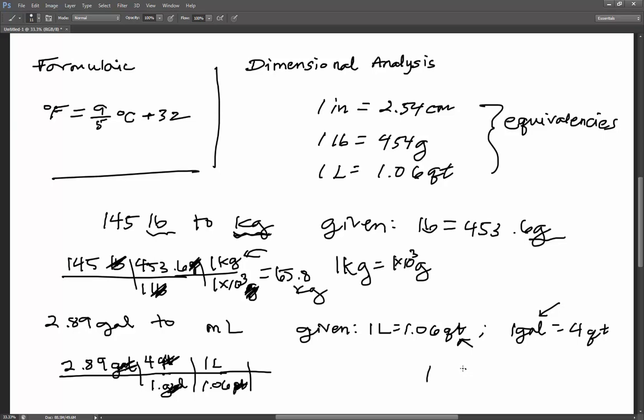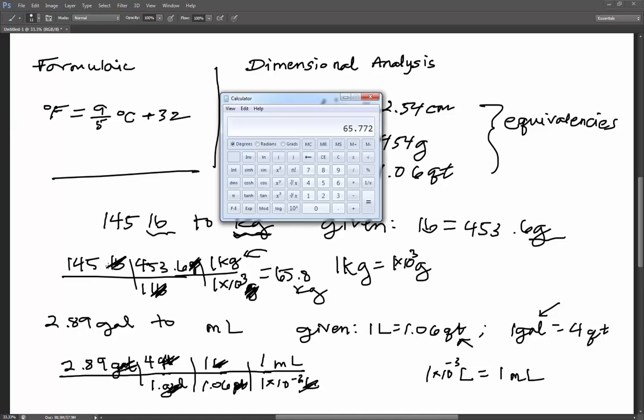I memorized that milli means times 10 to the negative third. So then 1 milliliter is equal to 1 times 10 to the negative third liters. And I put liters on the bottom so that they'll cancel. And now I've got my units in milliliters.